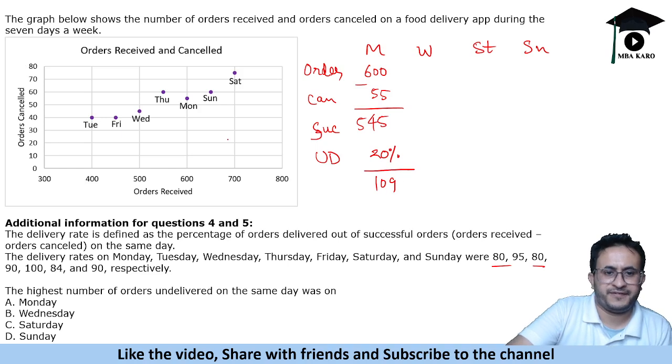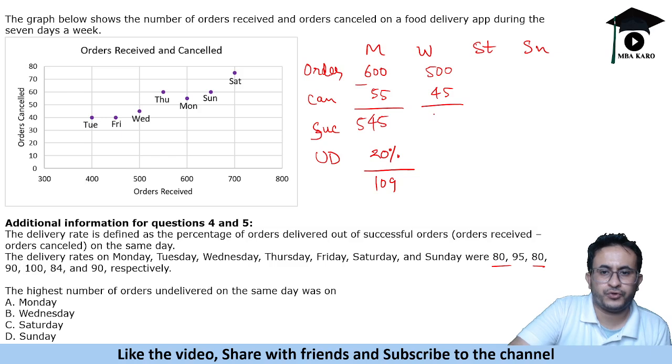Similarly Wednesday we have 500 orders received, and we have 45 cancellation, so 455 are successful and 20%, that means 91 remain undelivered.